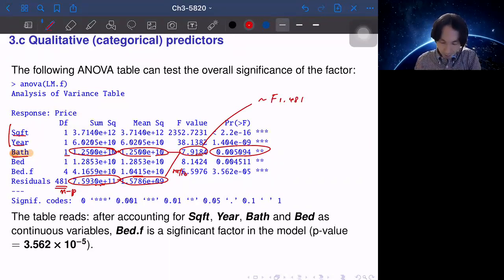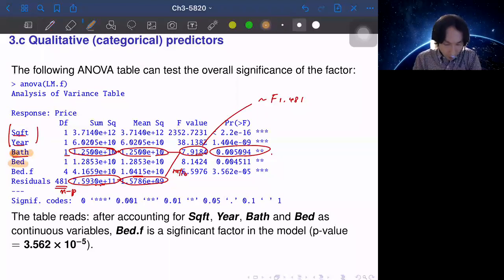And based on this, we can calculate the p-value. So this means the number of bathrooms has a significant contribution to improving the prediction, even when we have already accounted for square footage and year.